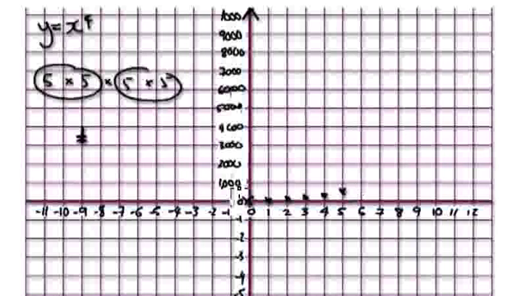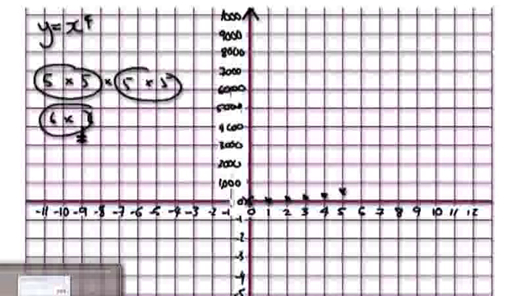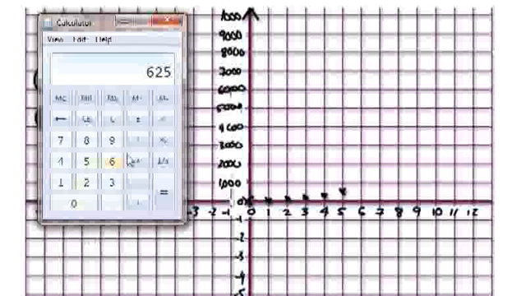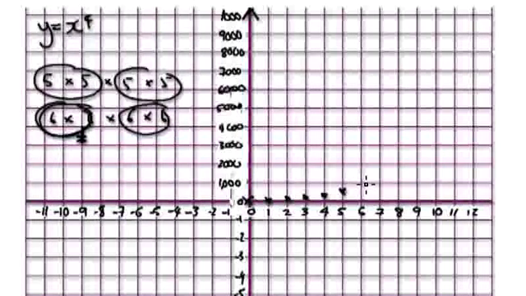Okay, and now when it comes to 6, so 6 times 6, I'm just going to say it's 36 times 36. Okay, because you've got this. So this is 36, this is 36. So it's 36 times 36 equals 1,296. Now it's jumping up quite a lot. I'm going to think 1,250, so somewhere around here.